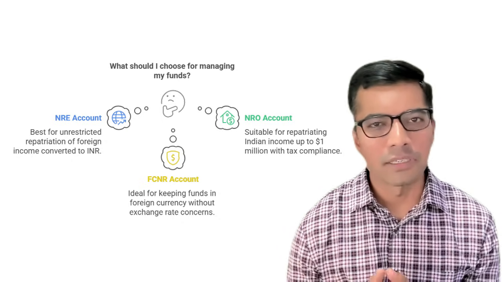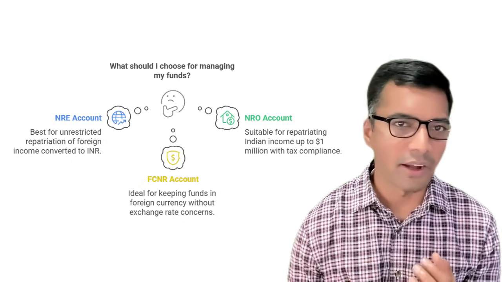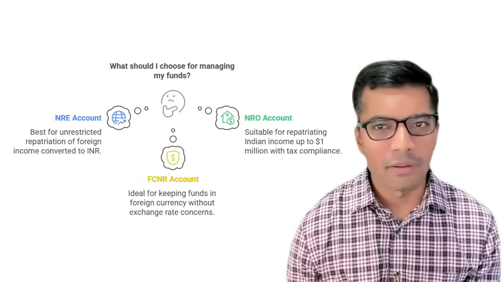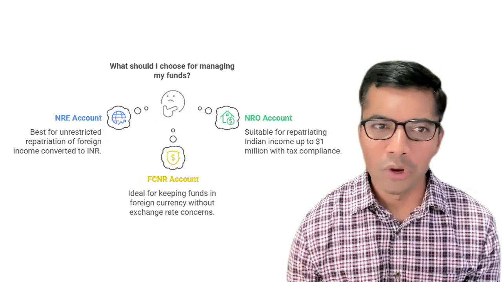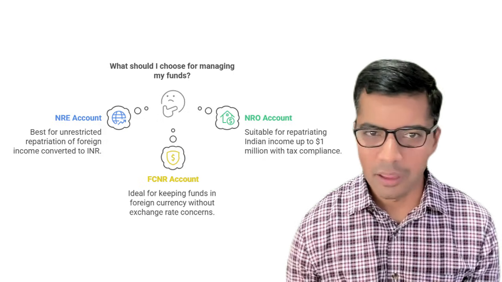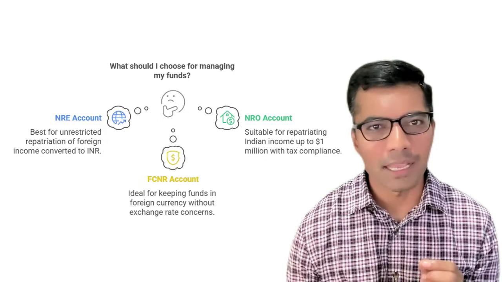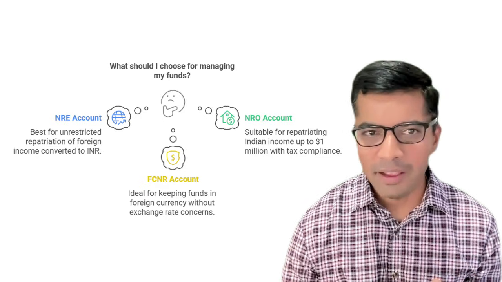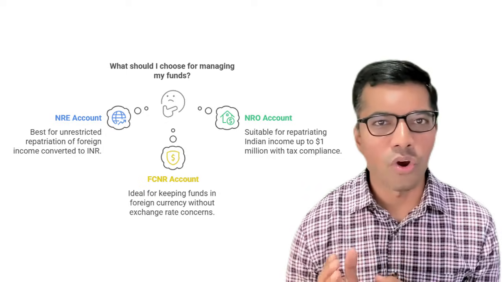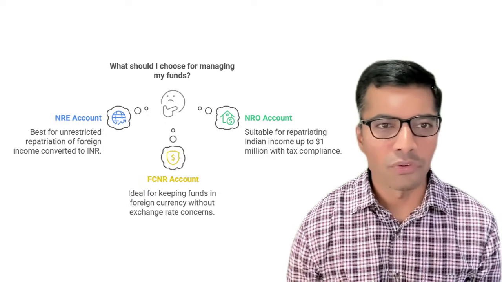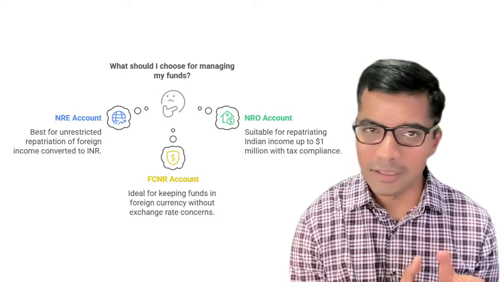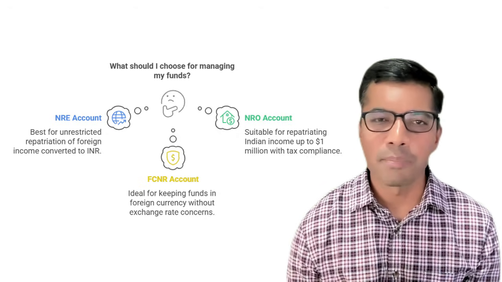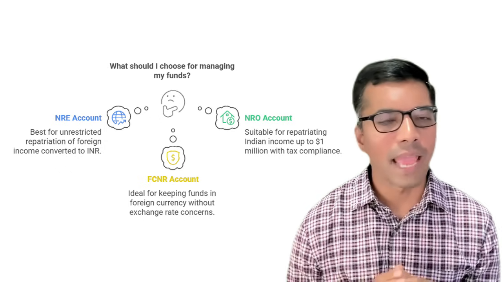This account is for income earned in India, such as rental income, interest, pensions. You can repatriate up to $1 million per financial year, but only after tax compliance and documentation. Next, FCNR account, foreign currency non-resident. This is great if you want to keep your funds in foreign currency without worrying about exchange rate fluctuations, fully repatriable without tax implications.